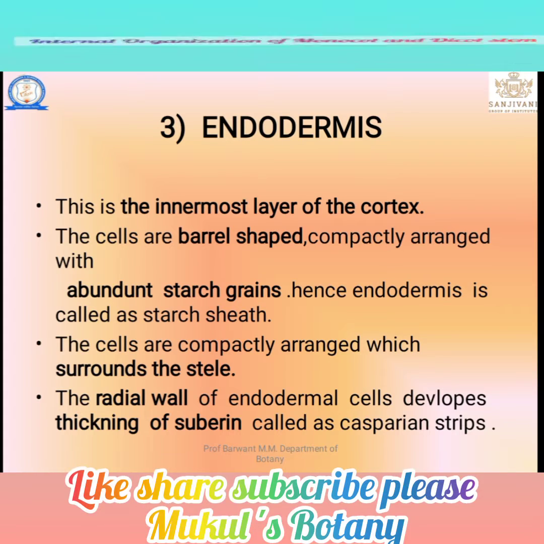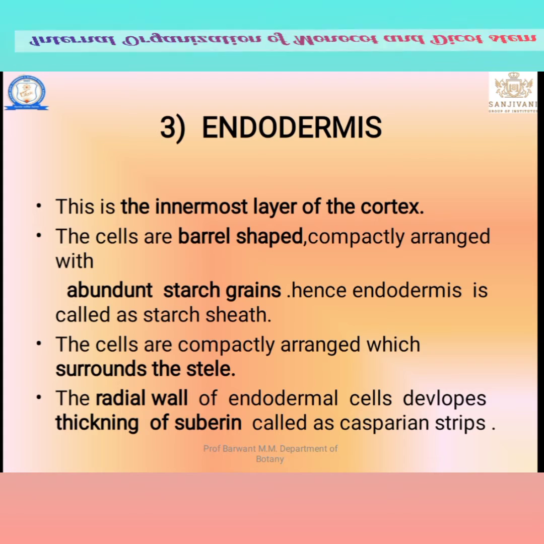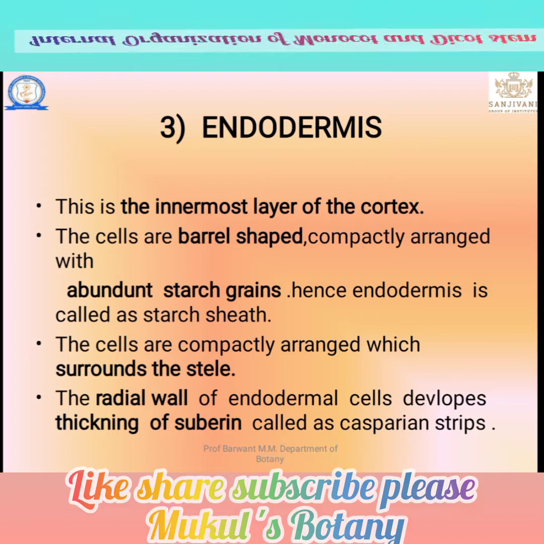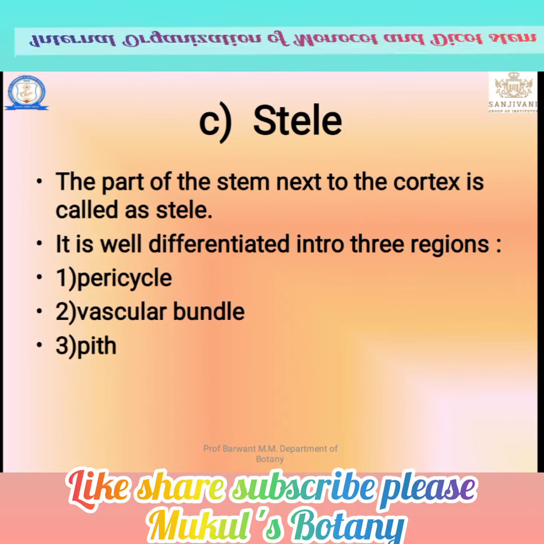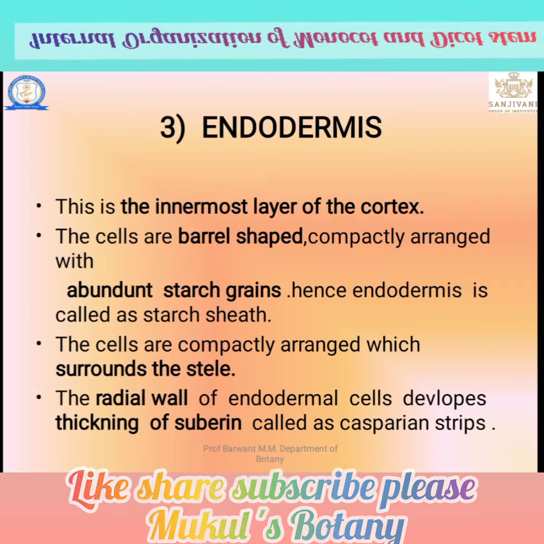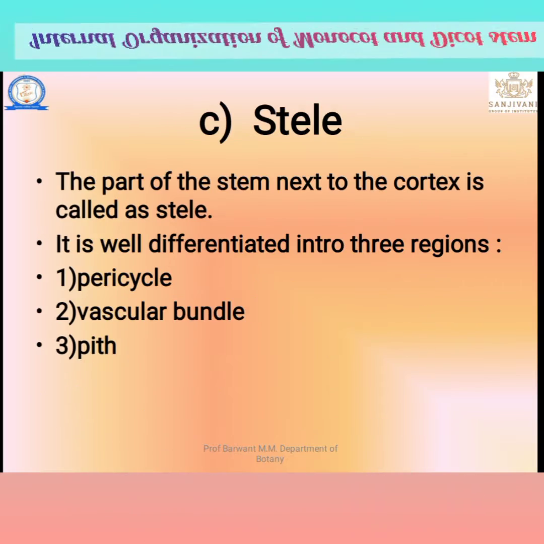Thickening by the deposition of the chemical suberin is known as Casparian strips. That is the characteristics of a cortex. I hope you have understood. First, the hypodermis. Second, the general cortex, and third, the endodermis.